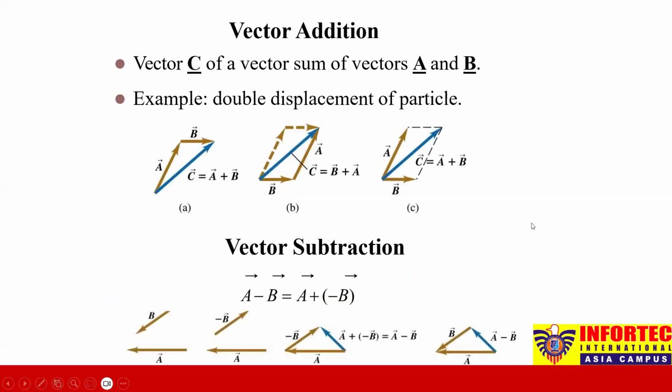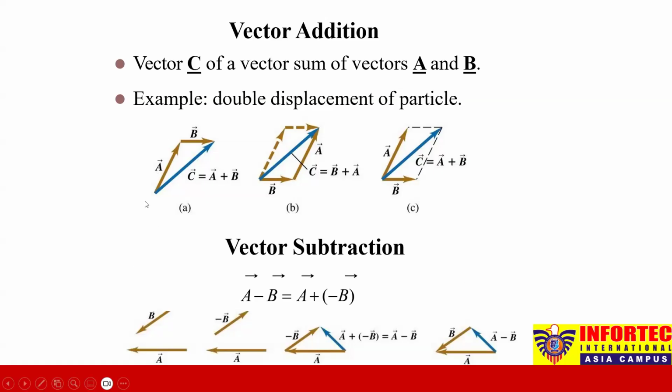Sometimes we have to add or subtract vectors, that is vector addition. But we cannot do it as with numerical numbers. As with scalars, we cannot simply add or subtract vectors, right? It has to follow some rules. And you can see vector C is the vector sum of vectors A and B. We call this method the head to tail method. We draw vector A, an arrow. The arrowhead we call the head, and the other part we call the tail, right?